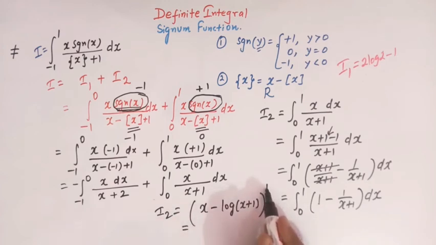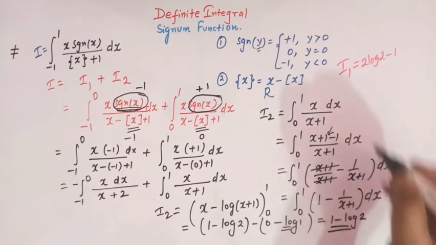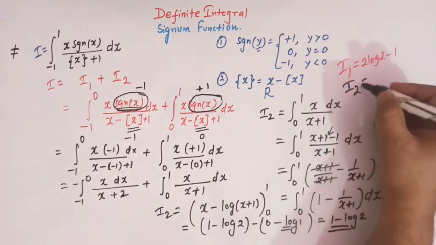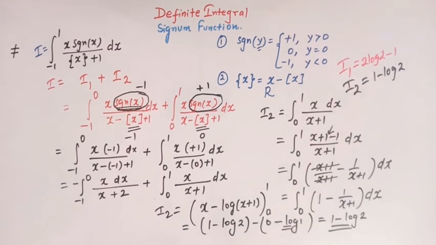So when we take 1, we'll have 1 minus log of 1 plus 1 is 2, and when we have 0, we have 0 minus log of 0 plus 1 is 1. And now log 1 is 0, so this term disappears, and we are left with 1 minus log of 2. So viewers, the value of I2 is 1 minus log of 2.